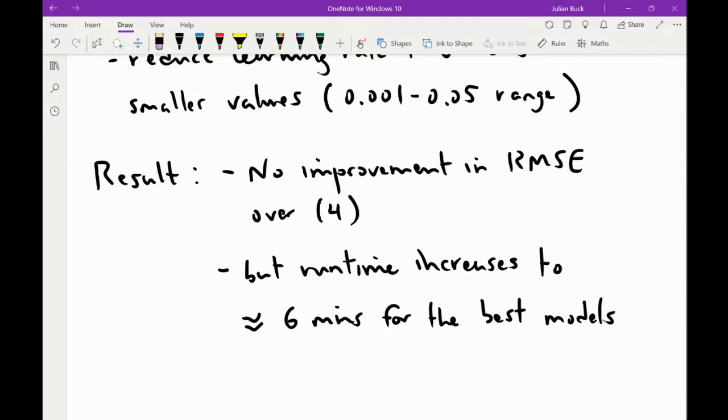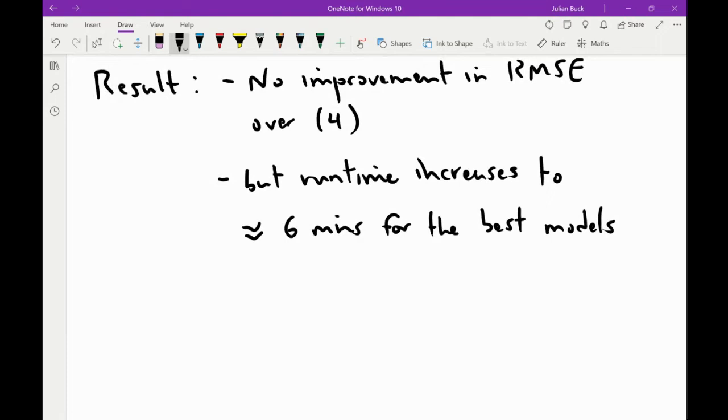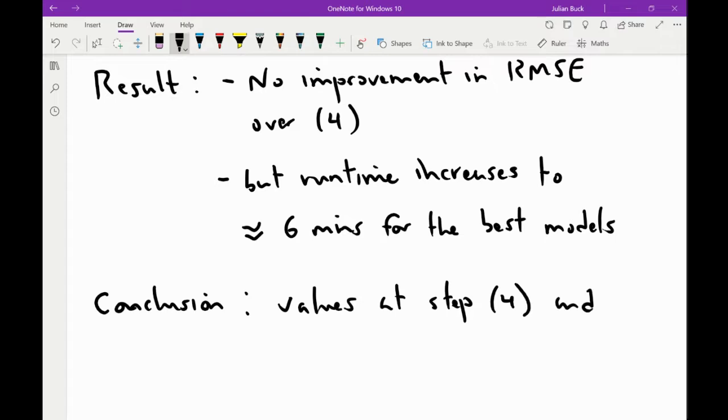So the conclusion, in some sense, is that values at step 4 and the resulting root mean square error seem to be optimal, at least for how we've trained it and tuned it.